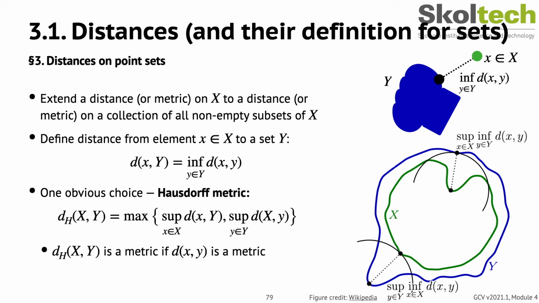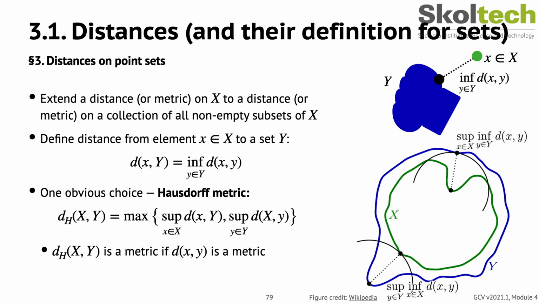If we seek to define a distance measure between two sets, X and Y, one obvious choice would be the Hausdorff measure, which is simple and trivially computable, but is not very attractive for some applications.